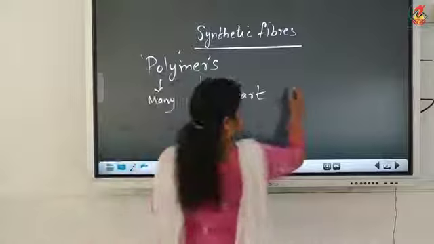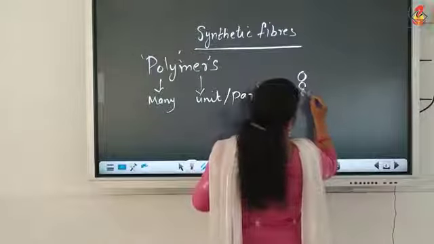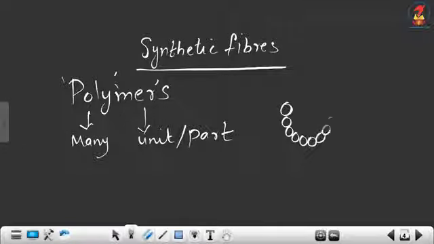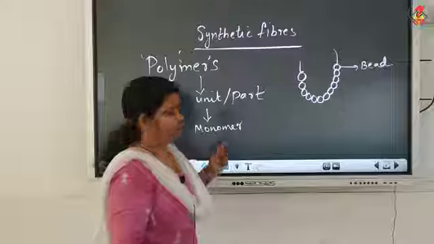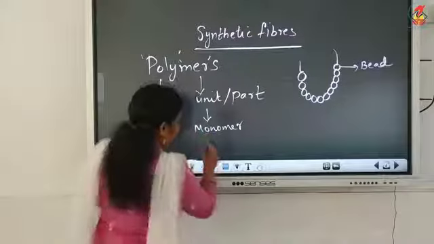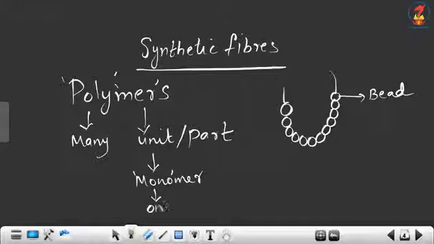Just like we add beads to a thread to make up a necklace of beads. So this is the thread and these are the beads. Each single unit or part we call a monomer. Each single unit that adds up to form the polymer is known as monomer. In Greek the term mono means one.